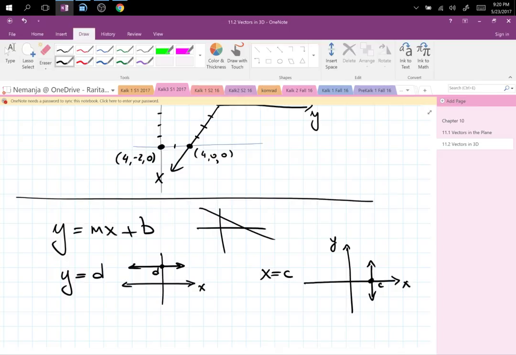So now you have the level where z is equal to 0, and that's the xy plane. So what is the easiest way to describe the xy plane? Just to write z equals 0.